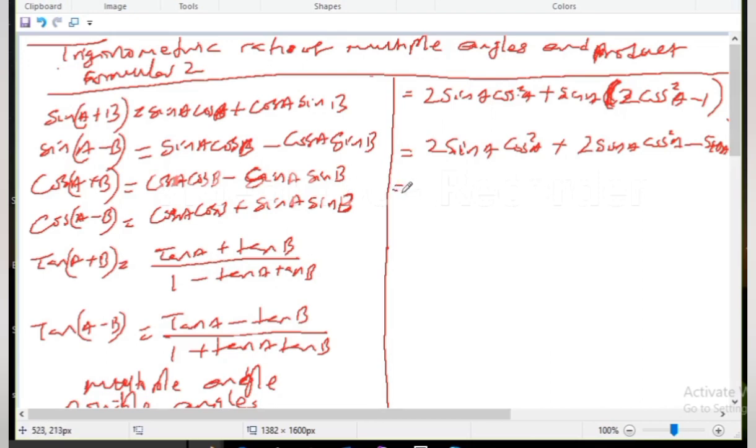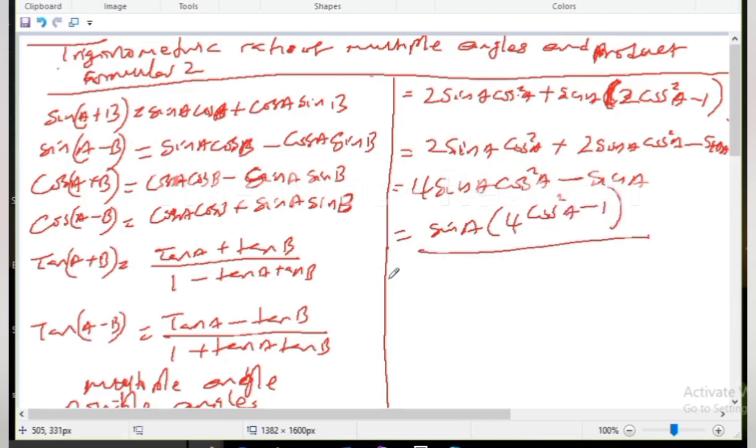Then your answer will be, now look, this is 2 sine A cos squared A, and adding this one together you will have 4 sine A cos squared A minus sine A. So you have this, or you can factor out sine A into 4 cos squared A minus 1.